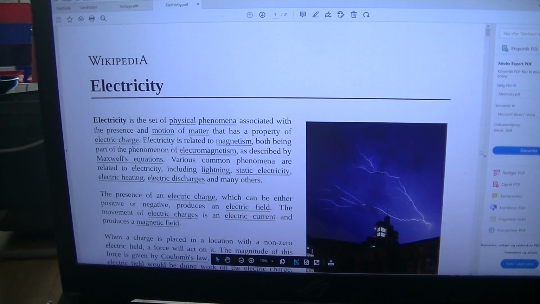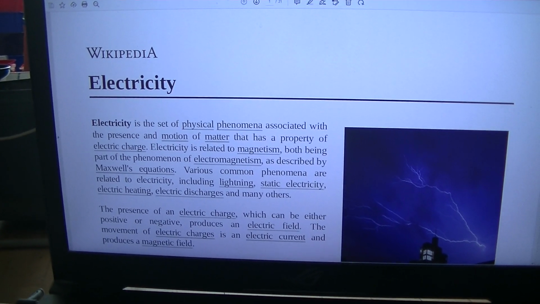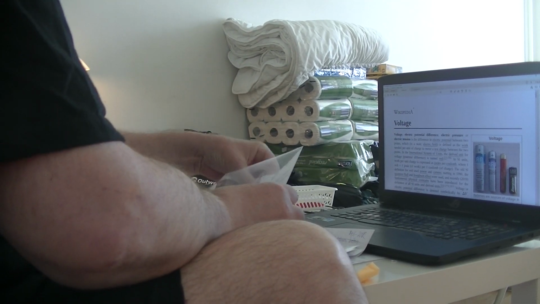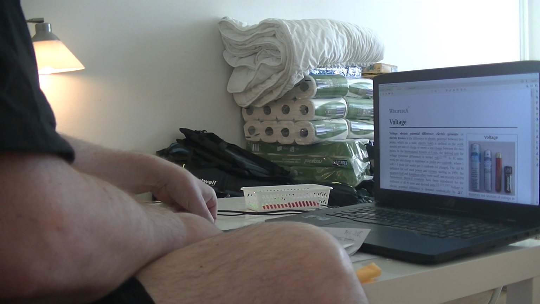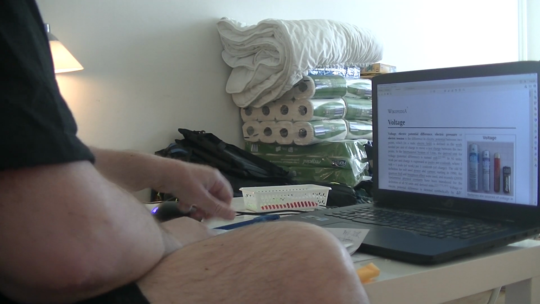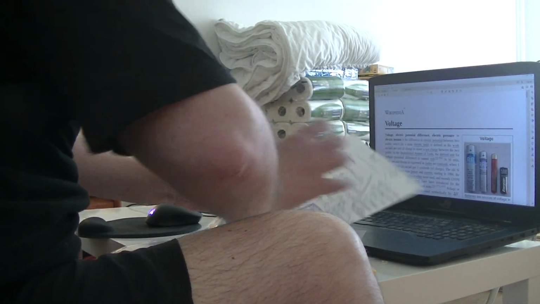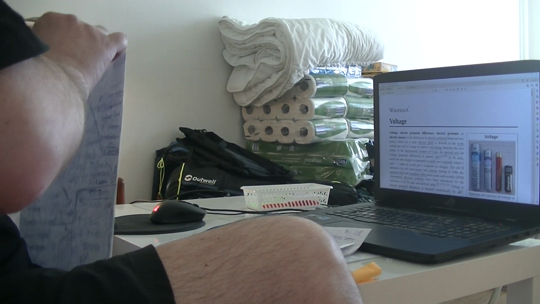Could do that. Let's open this so I not forget it. Electricity. We have there. That's 21. But let's do the voltage and have to remove the electricity from there. Take it out here and put it there.